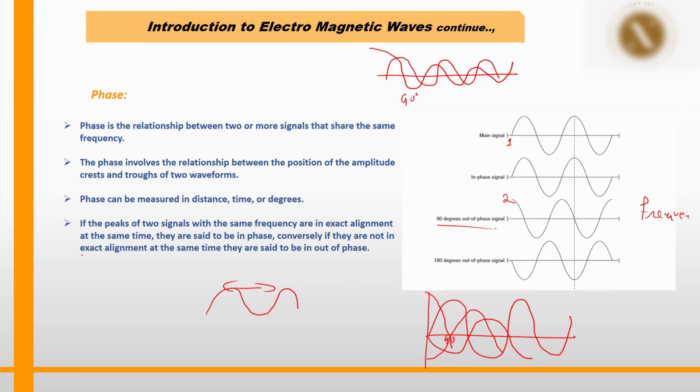That means the amplitude will decrease. When the signal is traveling in outer space, it is not a bounded medium, whereas Ethernet is a bounded medium where you don't find any obstacles unless they are passing some device. If it is a plain cable, there is no obstacle.